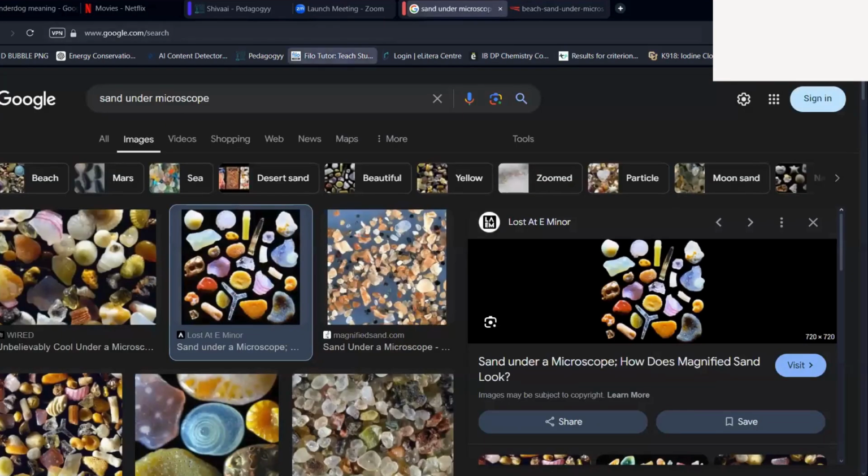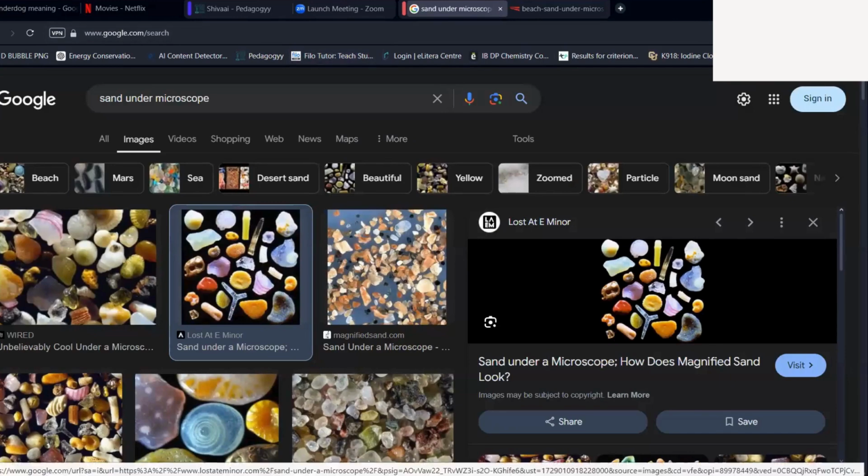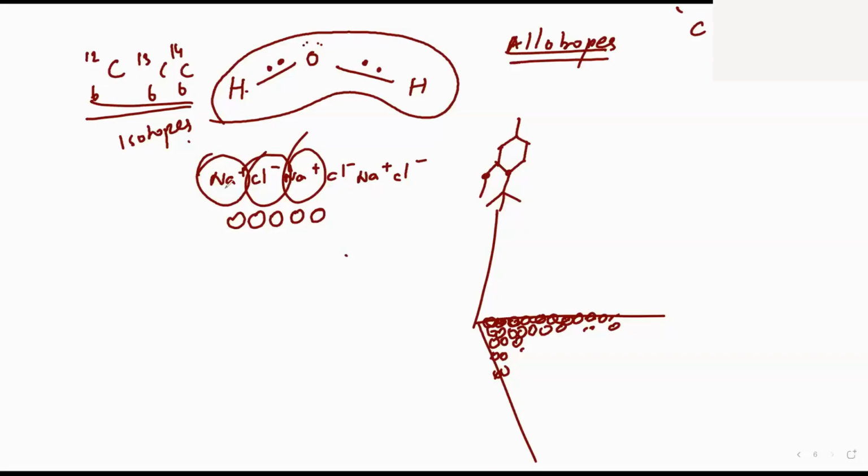So let me get back to the board. Do you understand? Millions of such ions attract each other and tightly pack themselves, leading to the formation of ionic compounds. Because of this force of attraction, ionic compounds have very high melting and boiling points.